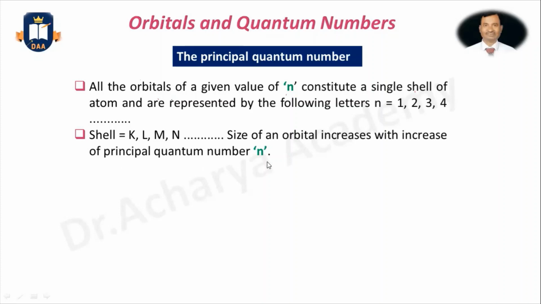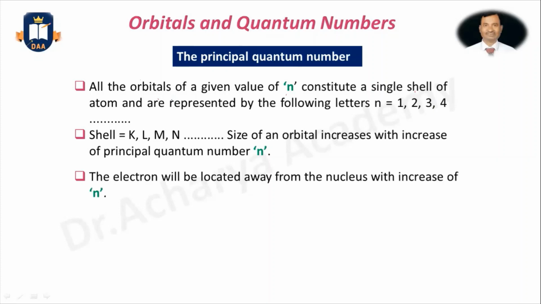We know that with the increase of n, the number of allowed orbitals also increases, and in the same way the size of the shell will also increase.